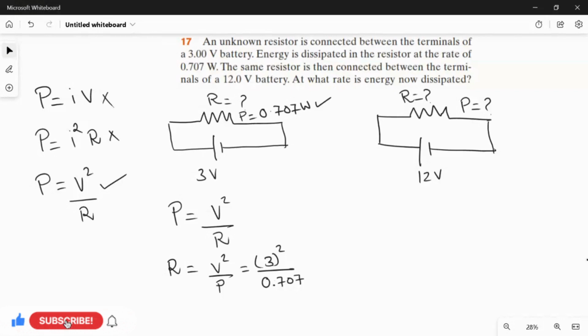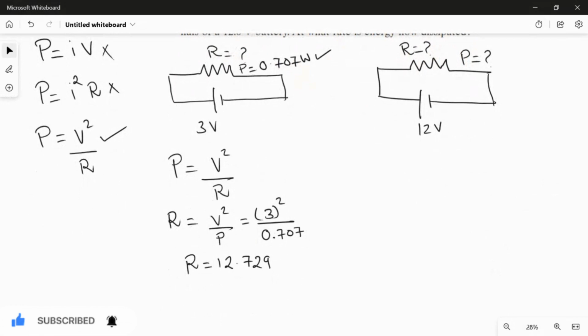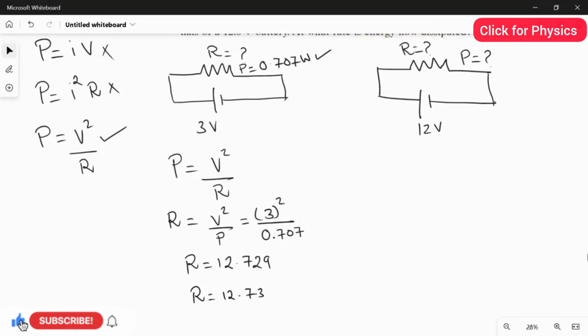3 squared over 0.707. I got the answer here as 12.73. So the value of the unknown resistor is 12.729, so I can round the value to two decimal places, which is 12.73 ohm.